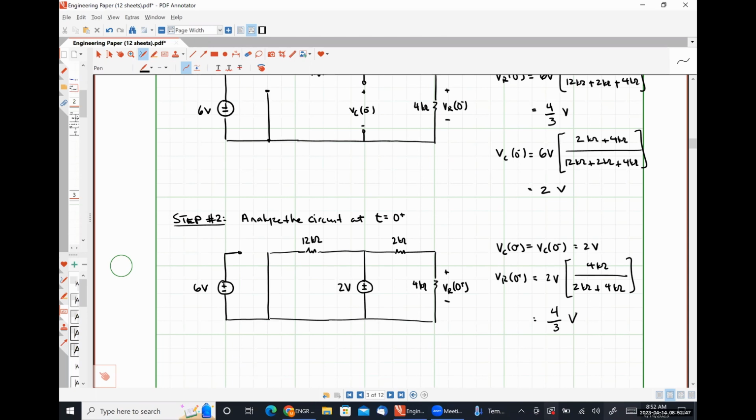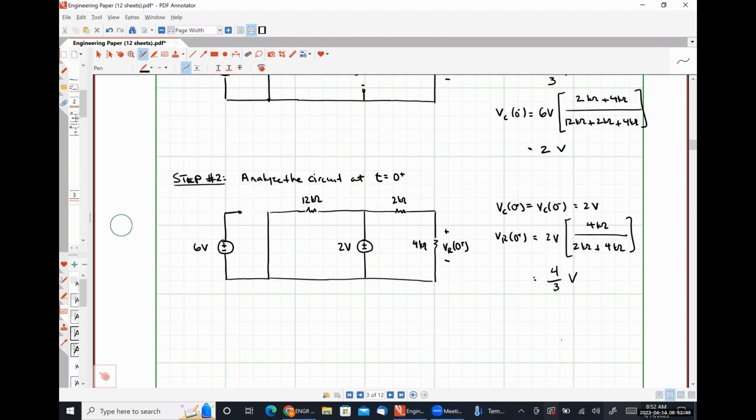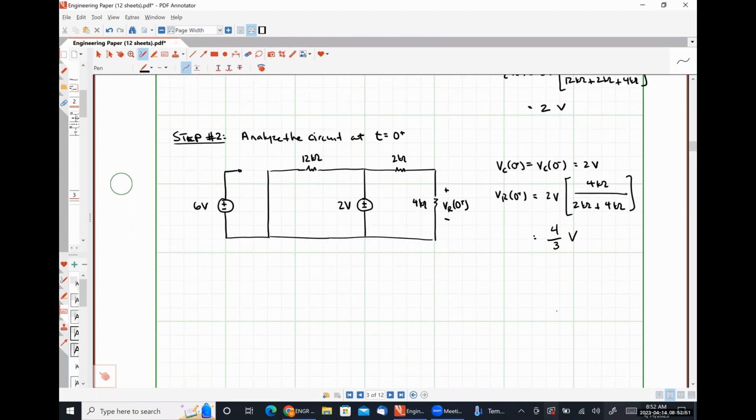So what I'm considering here is us getting in the habit of analyzing the circuit at t is equal to infinity now, which is something that we're going to have to do later.